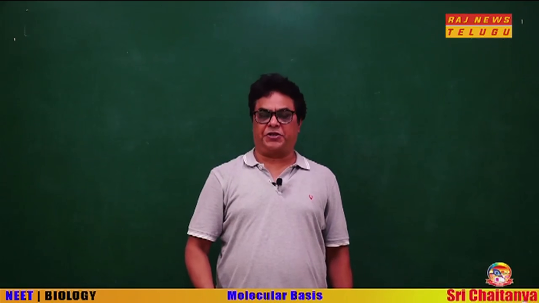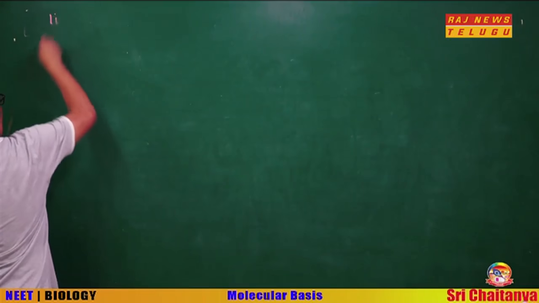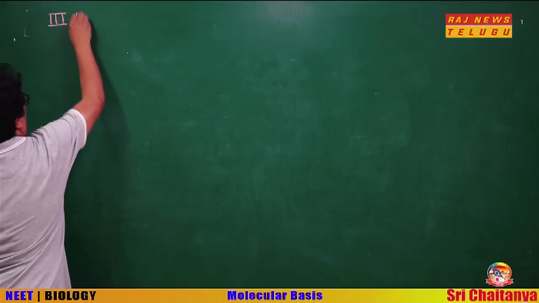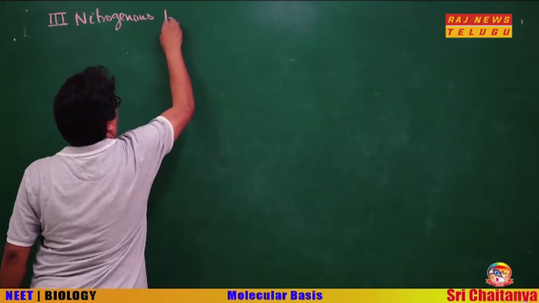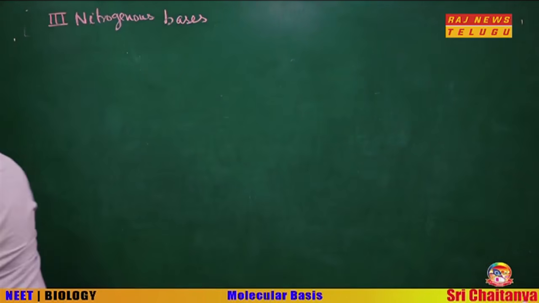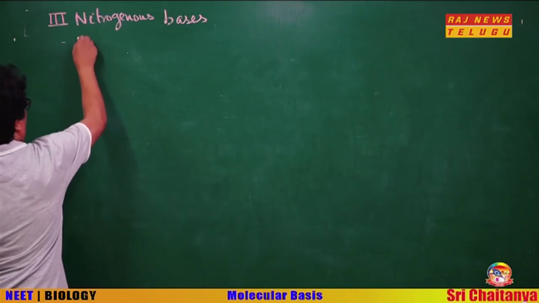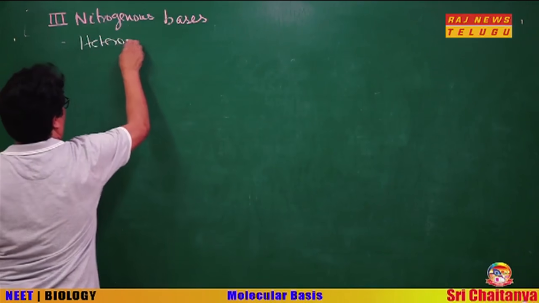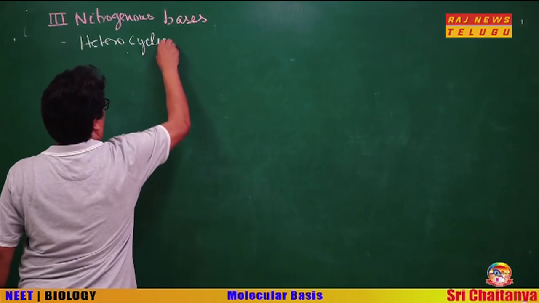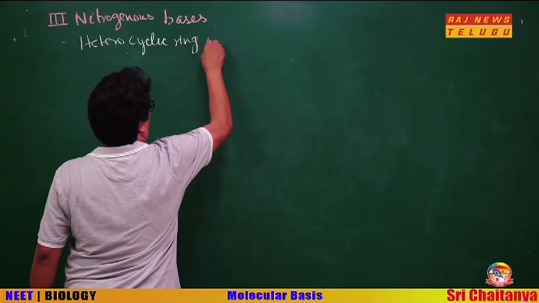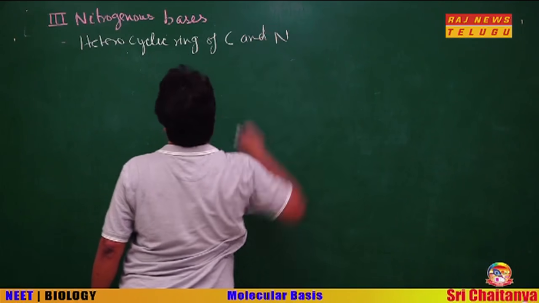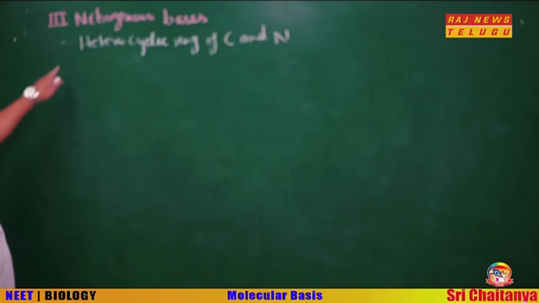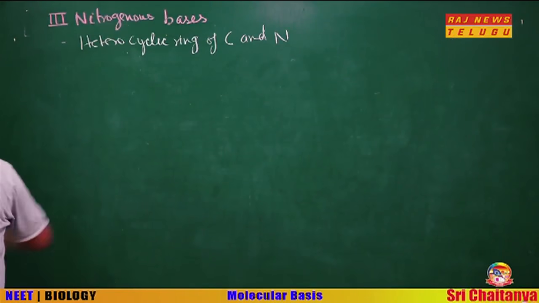Third constituent of nucleotide is nitrogenous bases. They have a heterocyclic ring of carbon and nitrogen. These are of two types. First, purines.